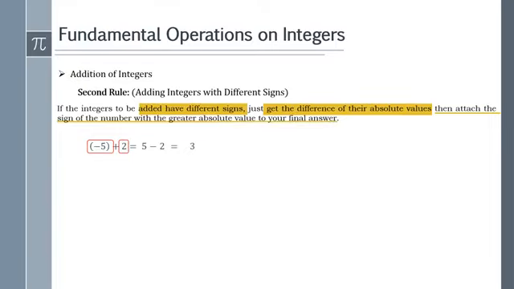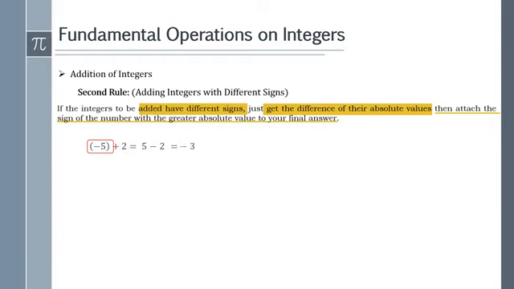How do we do that? Let's look again at what is given. Look at these two, class. Between negative 5 and 2, or 5 and 2, which is bigger? 5 or 2? What number is bigger or greater? 5 or 2? It's 5, right? So what is the sign of 5? Negative, right? So the sign of 5 is the one we attach, class.